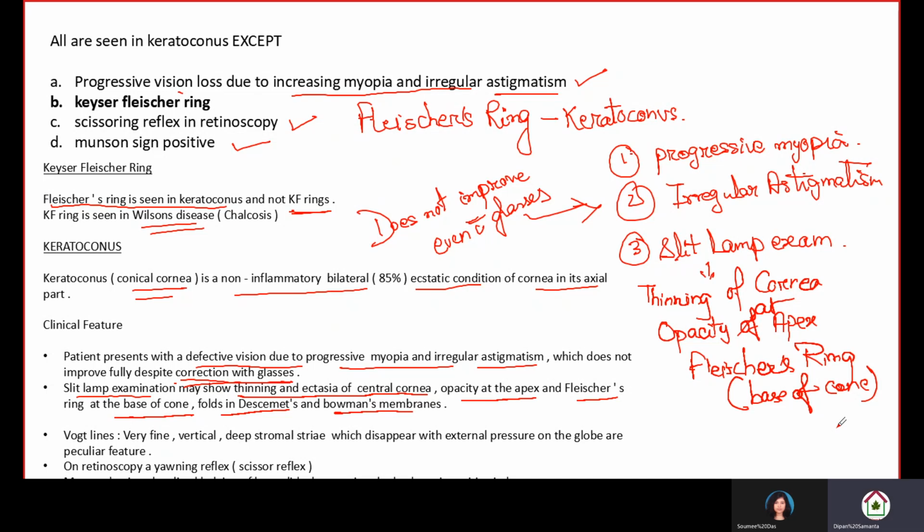So folds in Descemet's and Bowman's membrane.